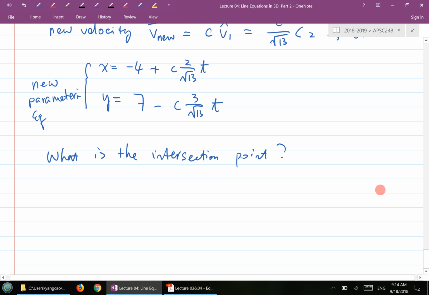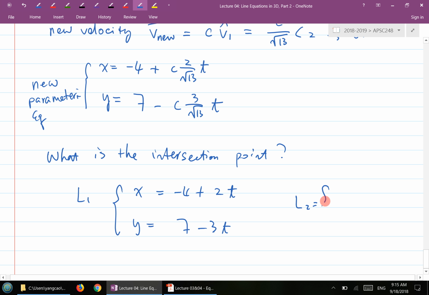When we talk about the intersection point between the two lines, we have to change our understanding of the parametric equation slightly. Originally your L1 equation is written as x equal to negative 4 plus 2t, and y equal to 7 minus 3t.